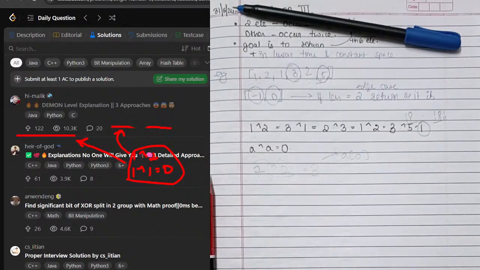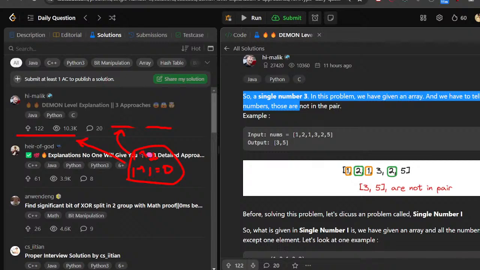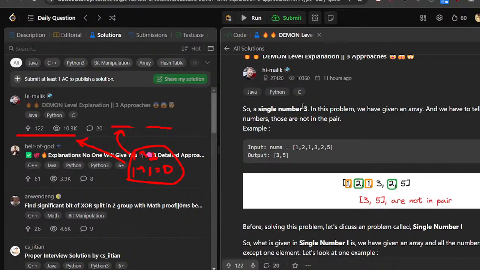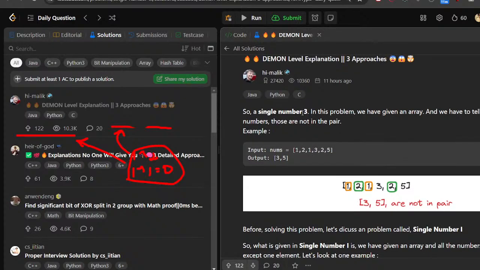So, a single number. Let's see what Malik is saying. Single Number 3. In this problem we are given an array and we have to find those two numbers that are not in a pair.